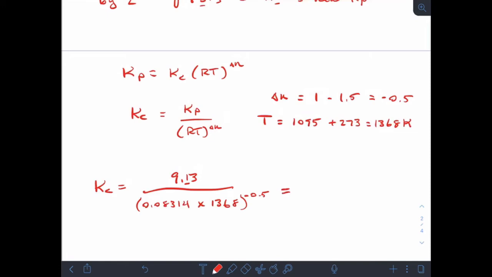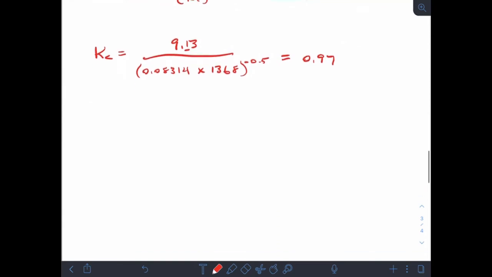When we do that arithmetic, we come out to a value to the correct sig figs of 0.97. All right, so that particular problem required you to combine concepts from manipulating equations and doing this conversion between Kp and Kc. Okay, this is a really common type of question to be asked.